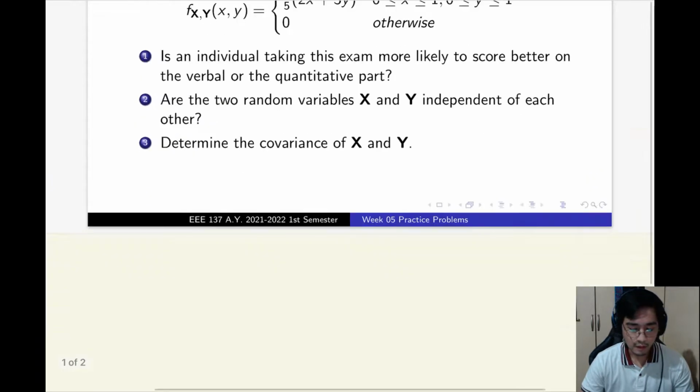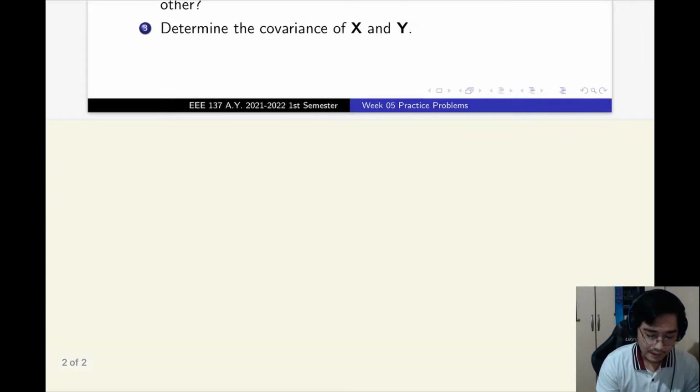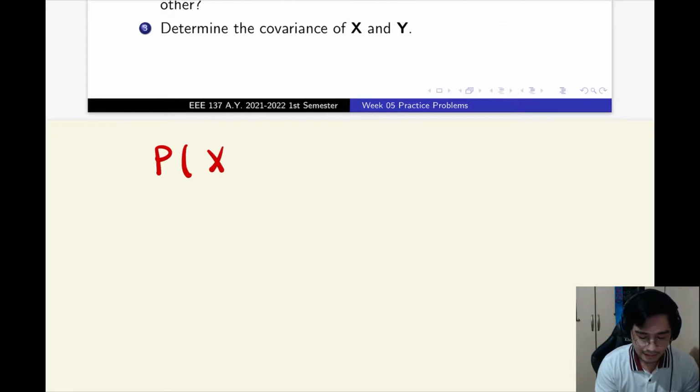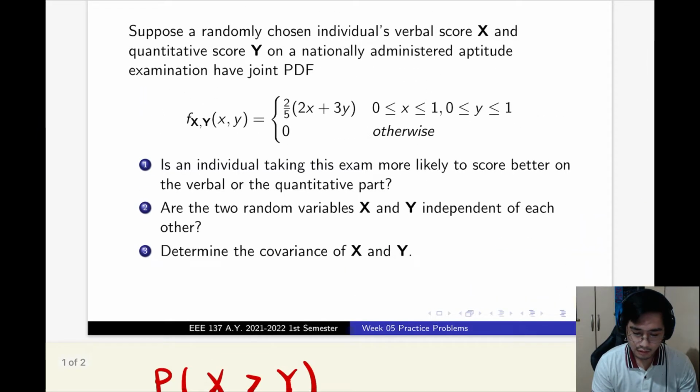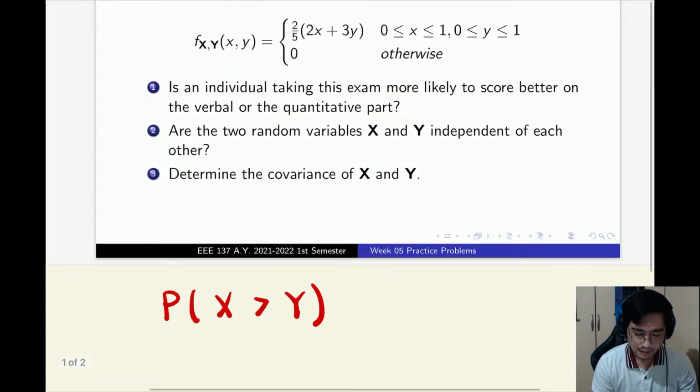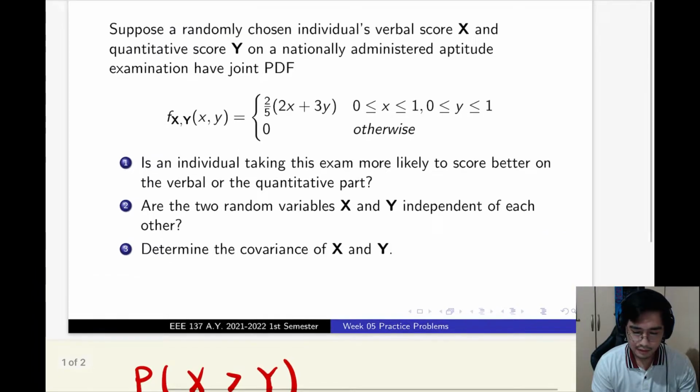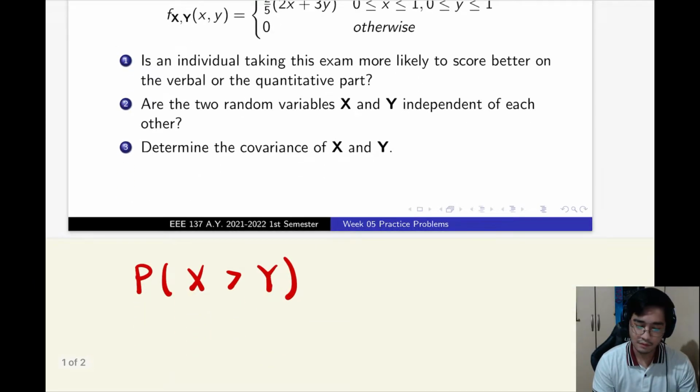So what we want to obtain here is the probability that capital X is greater than Y. That means the student's verbal score will be greater than the student's quantitative score.